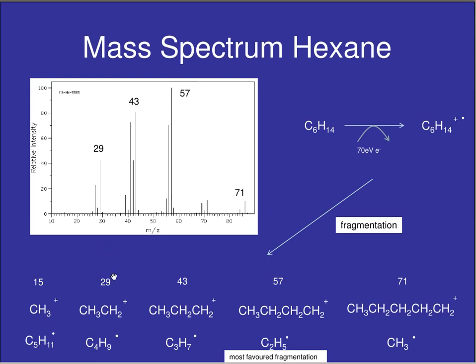This 29 I've got here is 2 times 12 for 2 carbons plus 5 for the hydrogens. I've only put the mass next to the positively charged one, because remember that uncharged fragments such as radicals will not be observed in the mass spectrum.